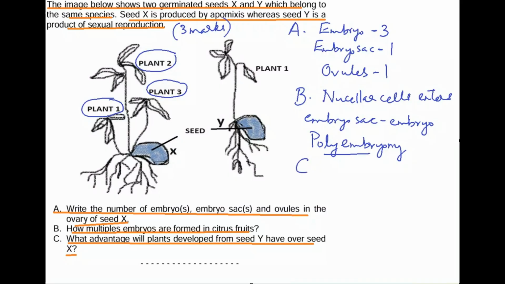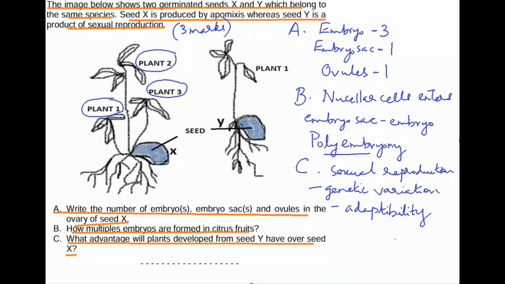Now the C part of the question, what advantage will plants developed from seed Y have over the seed X plants? Seed Y is formed as a result of sexual reproduction, which means they will have more genetic variation than the plants developed from seed X, and that will help in adaptability to any changed environmental conditions.